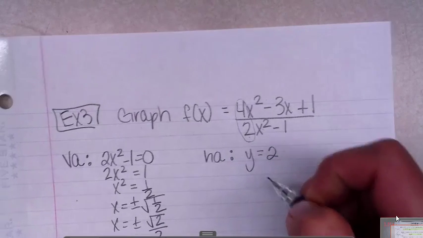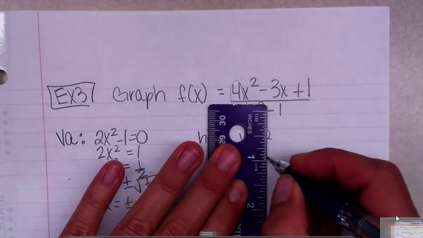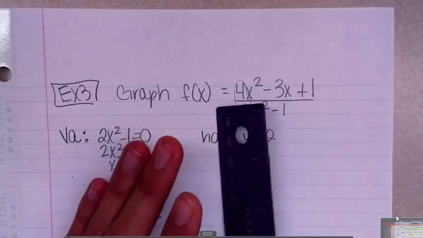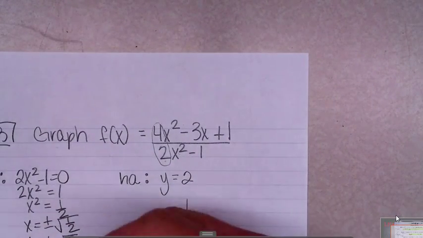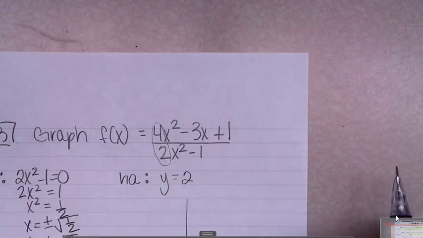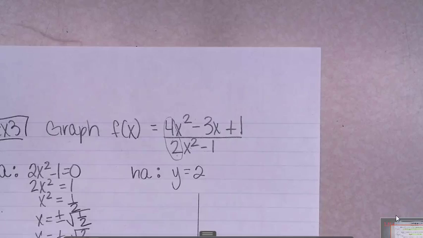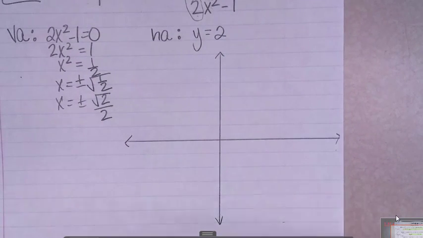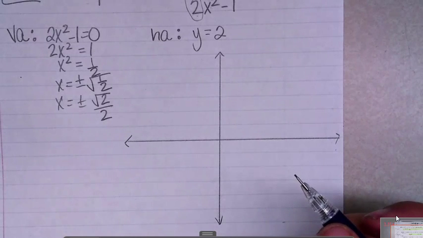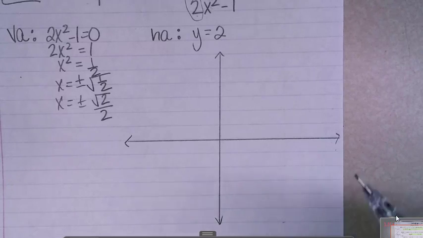All right, so thinking about the graph. For the vertical asymptotes, root 2 over 2 is definitely less than 1.